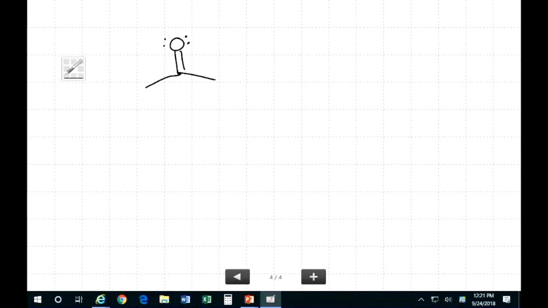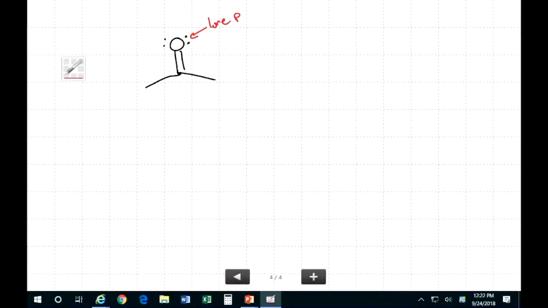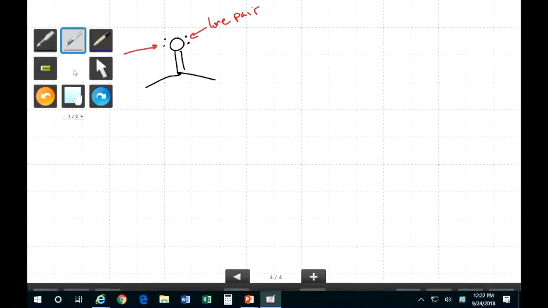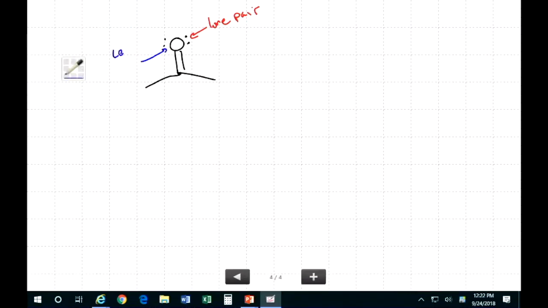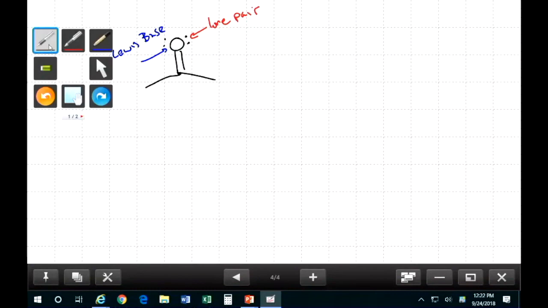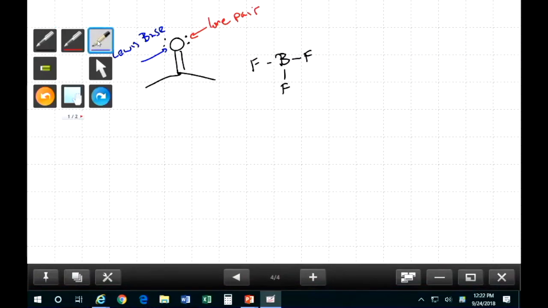Since it has lone pairs, this oxygen is going to be a Lewis base. It has lone pairs that it can donate to something. And my quintessential go-to Lewis acid is BF3, so this is going to be a Lewis acid.